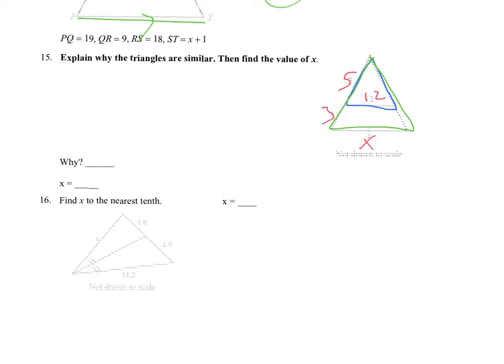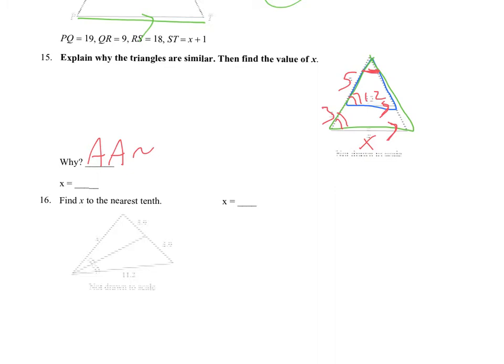The two lines are parallel. And so we find that they share this angle, which makes that angle congruent. And if these two lines are parallel, well then these two angles are going to have to be congruent as well. So since we have two angles that are congruent, the triangles are similar because of angle-angle similarity.